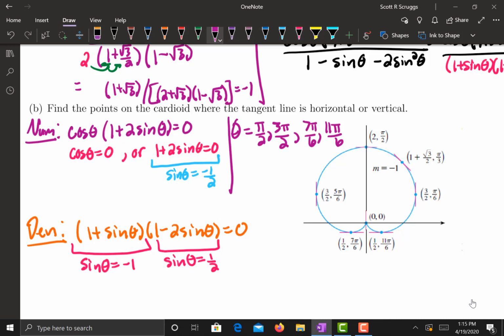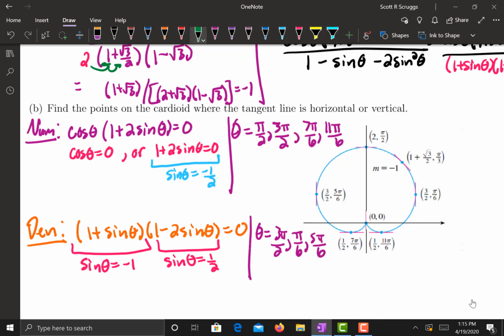So the values that make sine equal to -1, well, that's 3 pi over 2 on my unit circle. What makes sine equal to 1/2? Well, that'll be pi over 6, and 5 pi over 6.